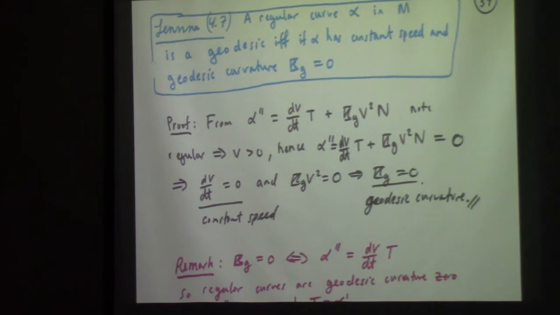So if those are both 0, then alpha prime prime is 0. That would be the reverse implication. But the forward implication, if it's a geodesic, that means alpha prime prime is 0, which from this formula means that both this is 0 and that. Pretty much, once you have this formula, this lemma is immediate, because the coefficients of the T and the N are independent.